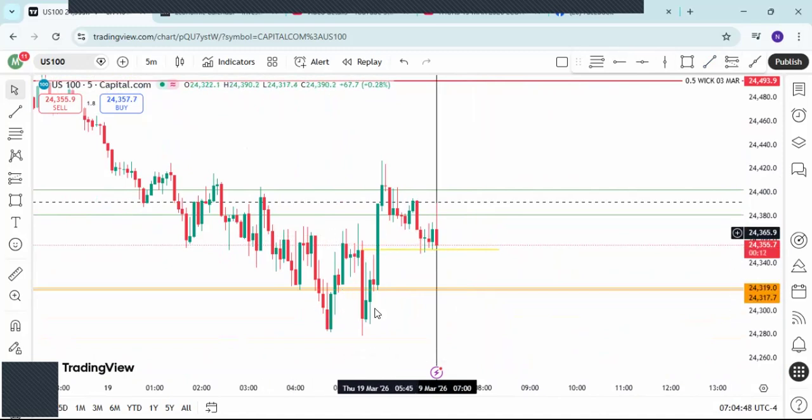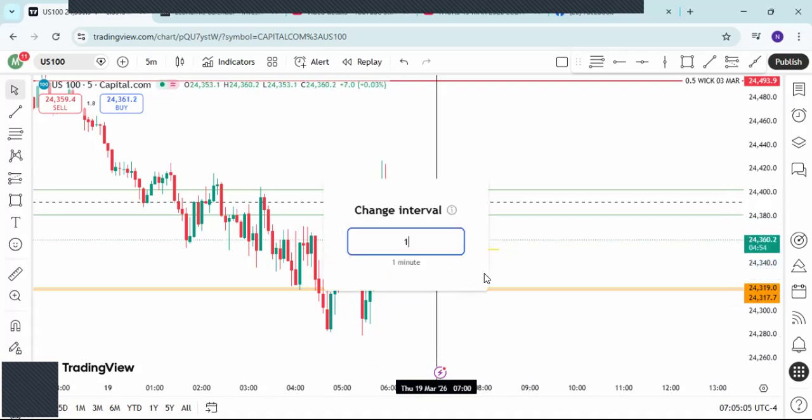So looking at this, we just took out sell side, went above, change of structure there, then now an order block, and then fair value gap in there. Let's go to the 1 minute and see.